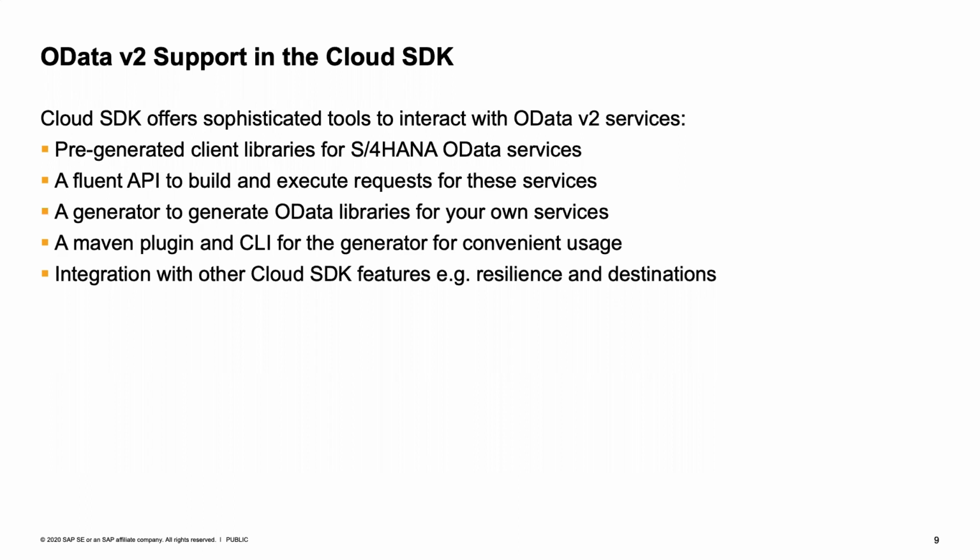Then we have a generator in place that also allows for generating libraries for your own services. And of course, in the end, this OData client is integrated with other Cloud SDK features. For instance, you can use it together with resilience, or it is able to leverage the destinations of the Cloud SDK.